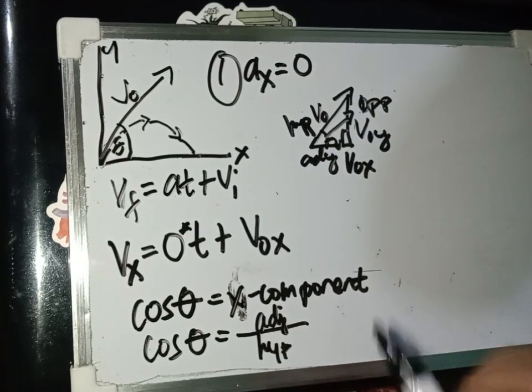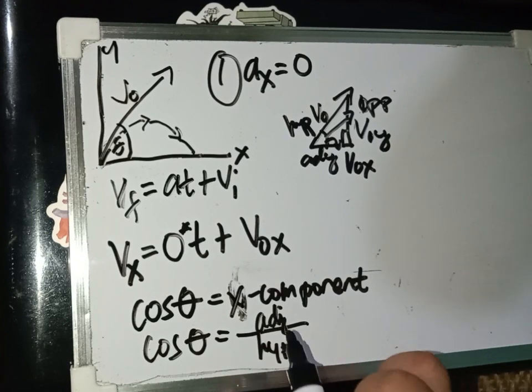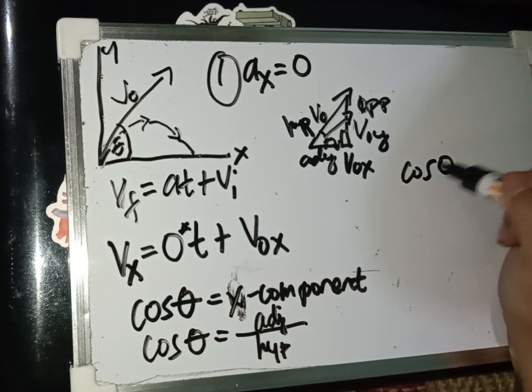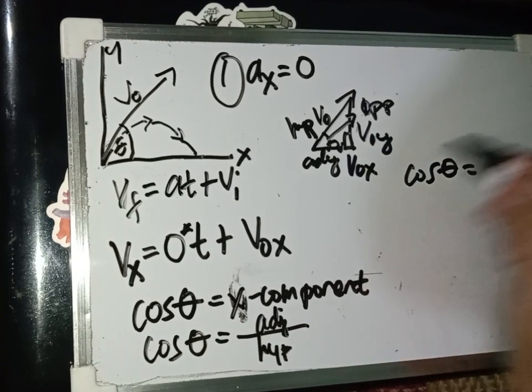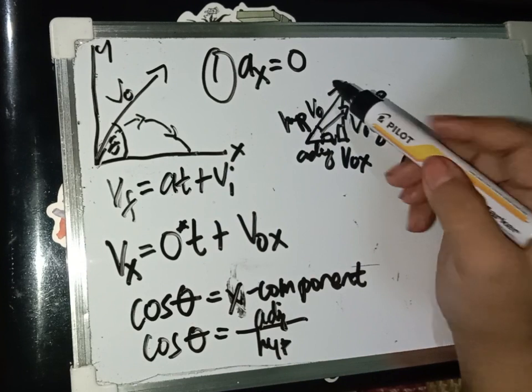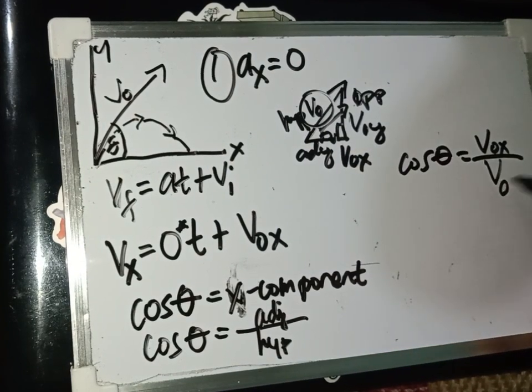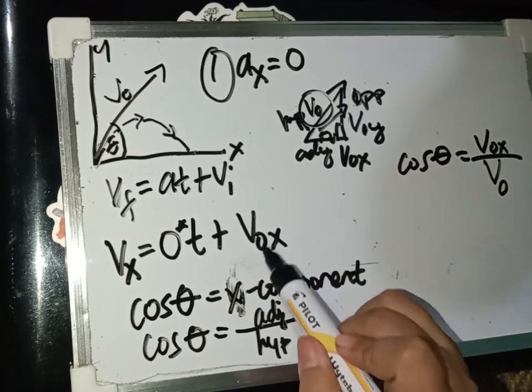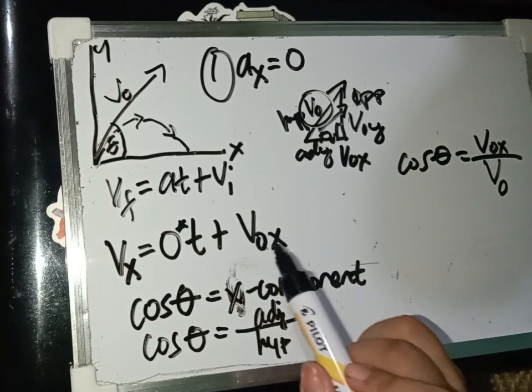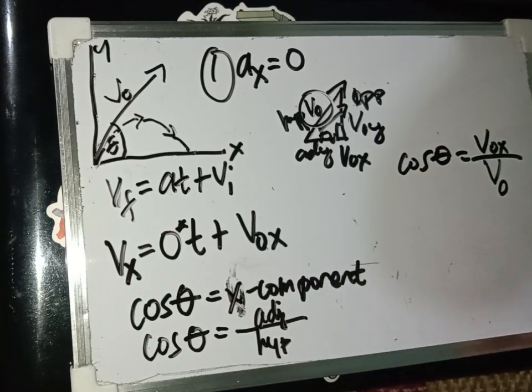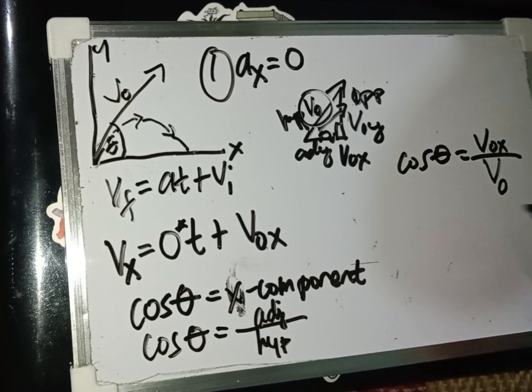Okay? And the corresponding variable for the adjacent: cosine theta is equivalent to the v naught of x over the hypotenuse of v naught. What we need is the value of the v naught of x. We need to find the value of this one. So we have to eliminate the v naught here. And for us to eliminate that, we have to multiply both sides by v naught.